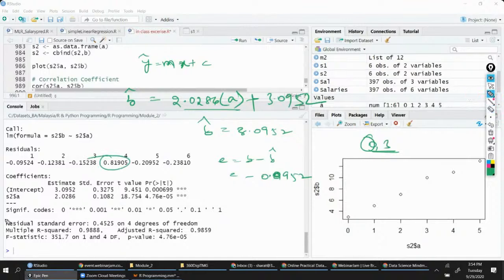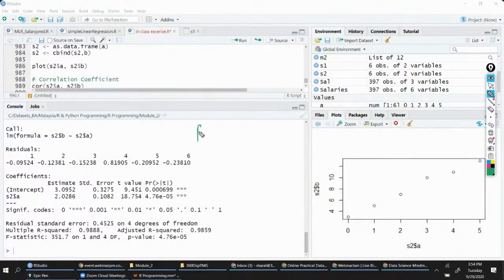So the line is passing through the data in such a way that it is balancing all the data. Right? So your OLS technique is trying to find out the best fit line.